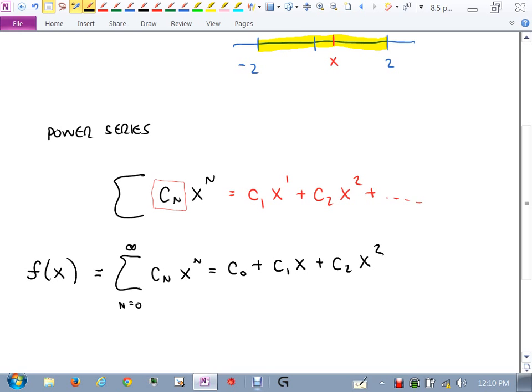So I'm going to define a function from this power series. And I'm going to say that the function is well defined as long as you give me an x that makes it converge. The function won't be defined if you give me an x that makes it diverge. So the domain of this function are all the x's that make it converge. Does that make sense?